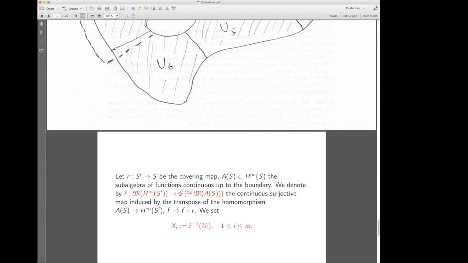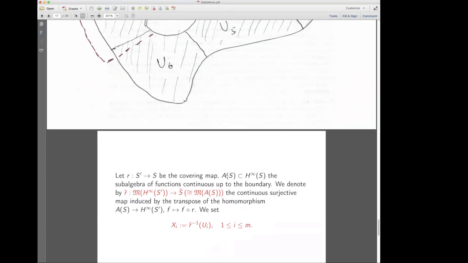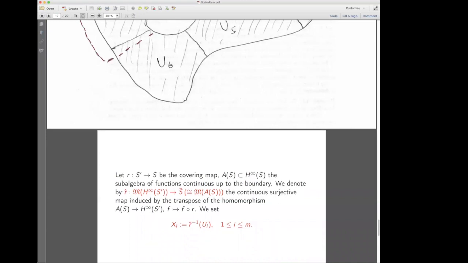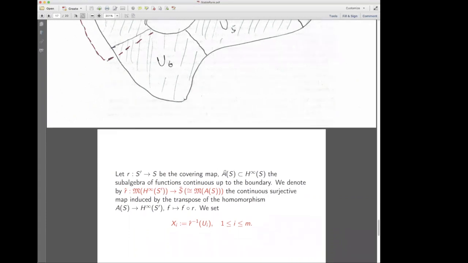Now we have such an embedding homomorphism, A capital S inside H infinity of S. And because we have an embedding homomorphism, passing to the dual spaces, the transposition will give us the homomorphism R hat from the maximal ideal space of H infinity of S prime to the maximal ideal space of A capital S.